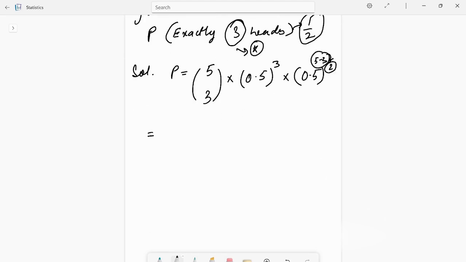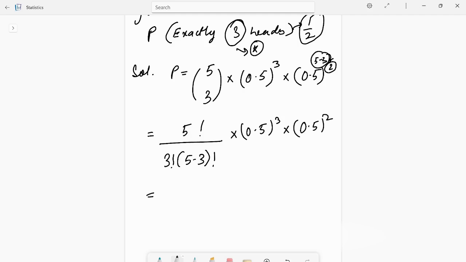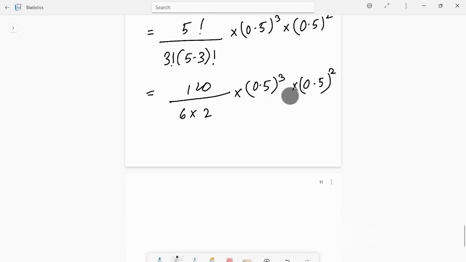Now solving it: 5 factorial divided by 3 factorial times 5 minus 3 factorial, times 0.5 to the power 3 and 0.5 to the power 2, which comes to 120 divided by 6 times 2, times 0.5 to the power 3, 0.5 to the power 2.